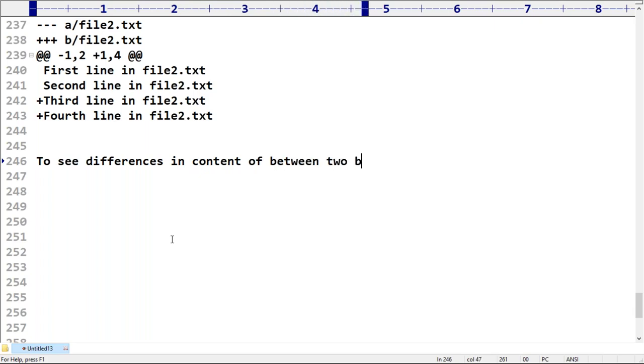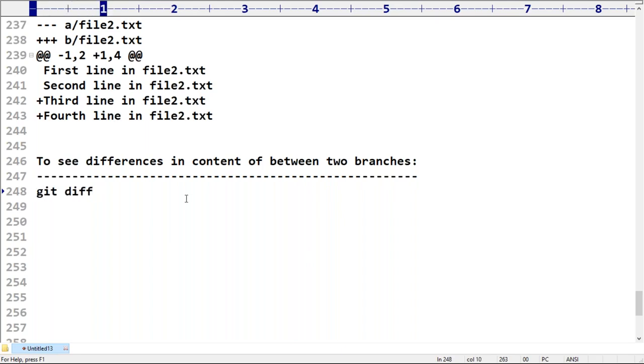How can you do that, sir? Very simple. git diff master branch, and then test branch. Test is my own created branch.